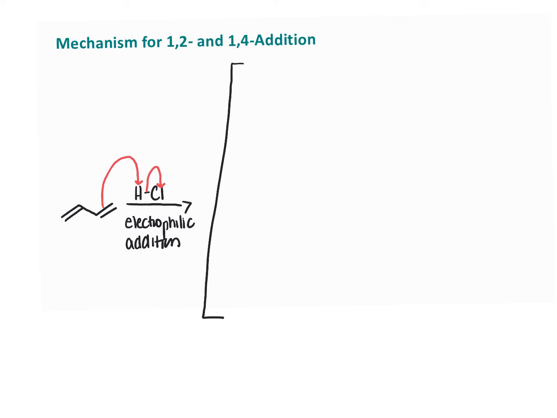Now, when we look at this and think about how things are added, the first thing we think about is, okay, that double bond's going to stay the same. This is going to come down, that's going to go up. The hydrogen has added to the first carbon here, but we're not showing it. But we can also have a resonant structure here, and I'm going to show you this in blue, so this is not part of the mechanism, it's just the resonant structure.